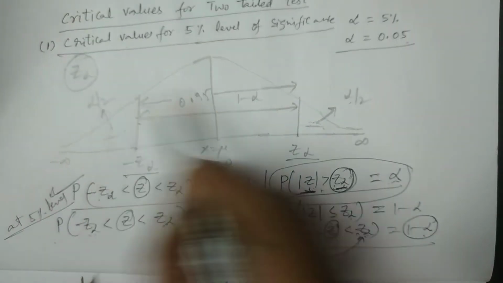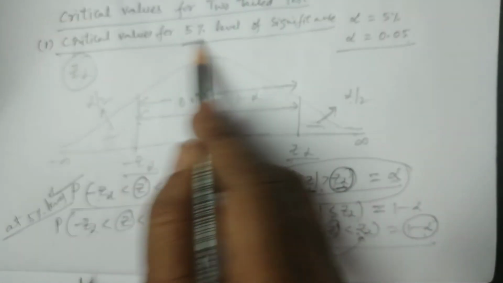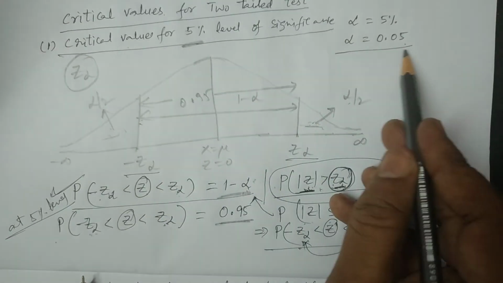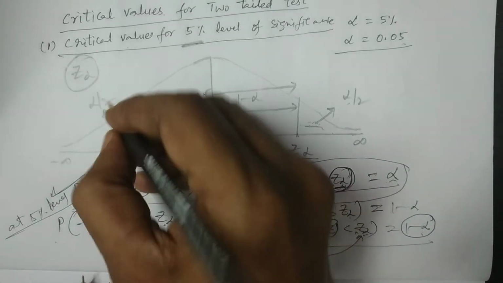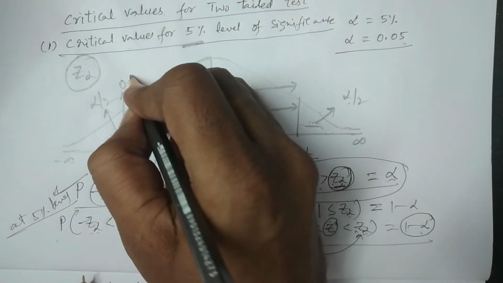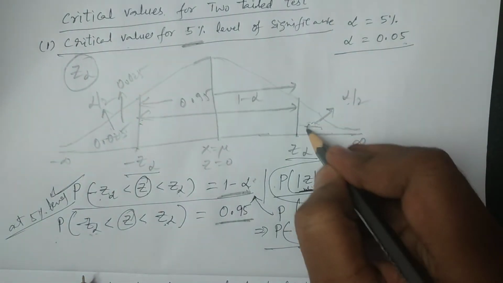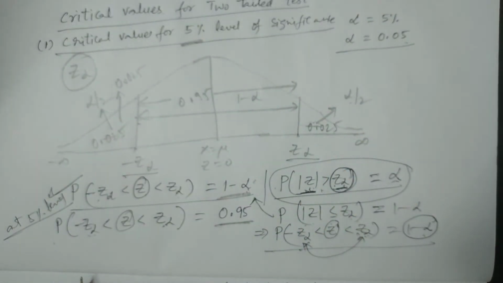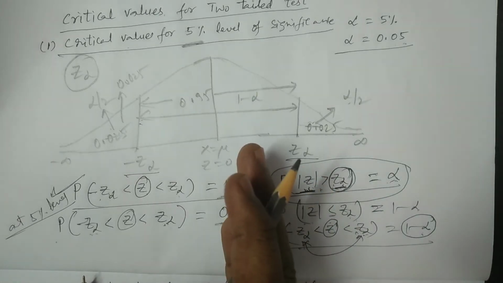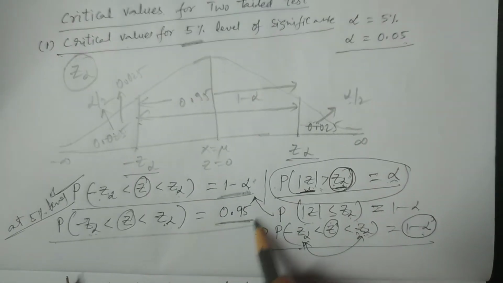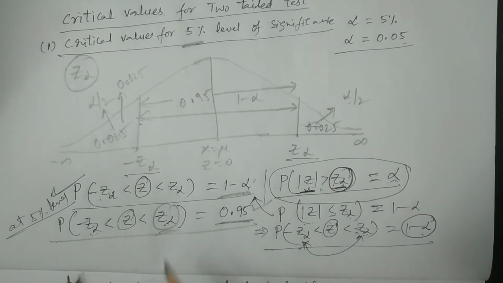What is alpha here? If you consider 5% level of significance, then alpha is nothing but 0.05. Alpha by 2 is 0.025. I can write here 0.025. Why are we calculating this? Because from this equation, z alpha cannot be calculated from the standard normal distribution.